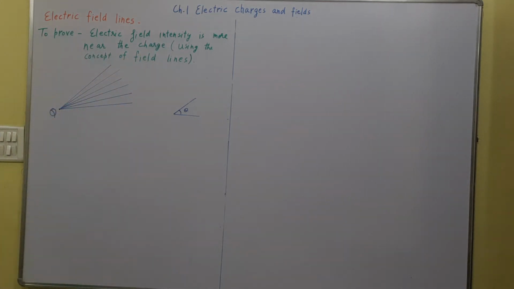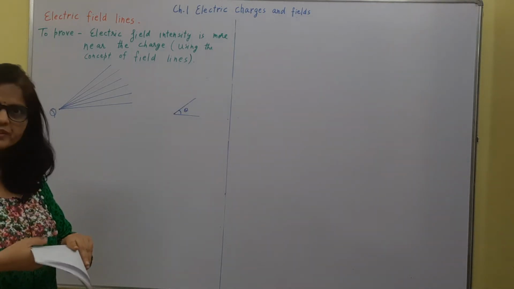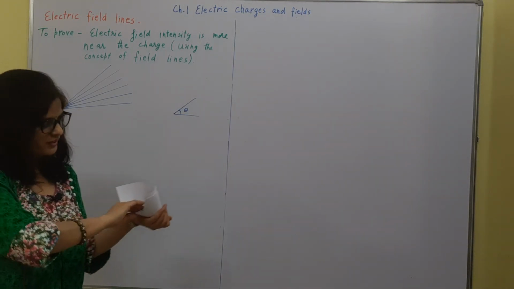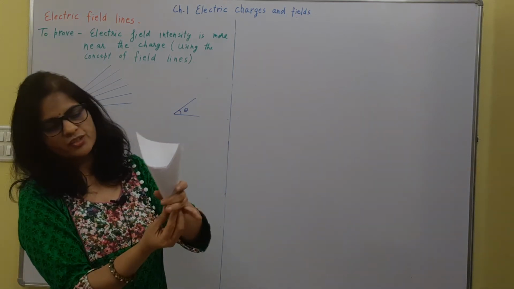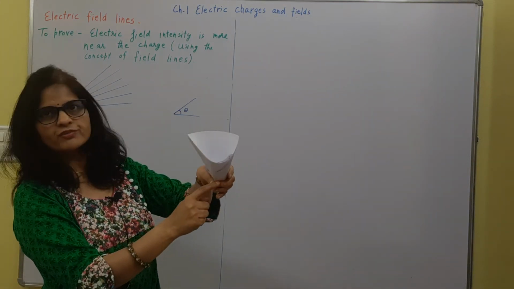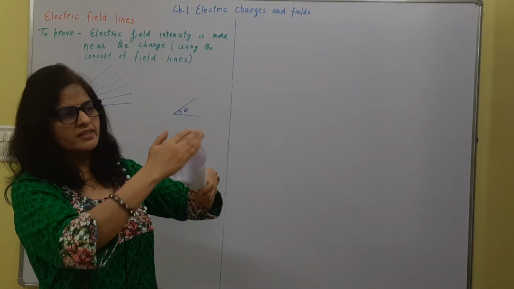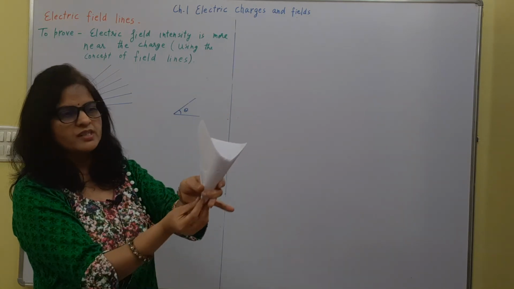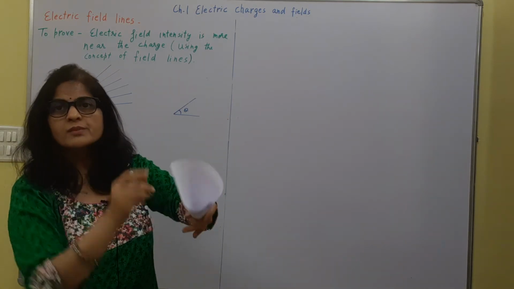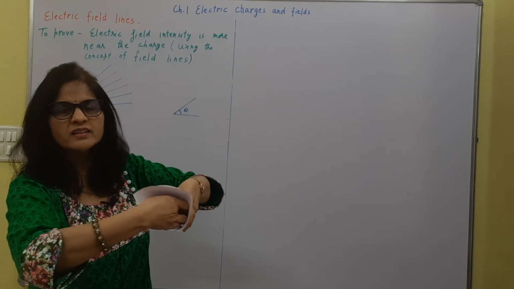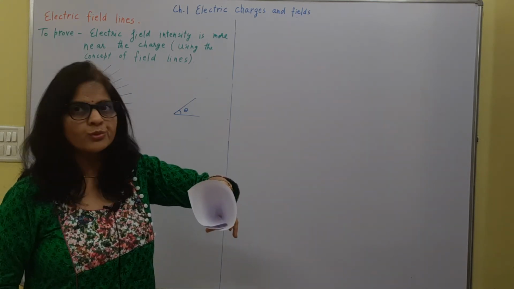Right? And this cone will have the same solid angle everywhere, wherever we consider, whether closer to the vertex or away from the vertex. Even if we consider the solid angle in this part of the cone, or in this part of the cone, it will be the same, because the same cone is making the same solid angle at the vertex of the cone, right?